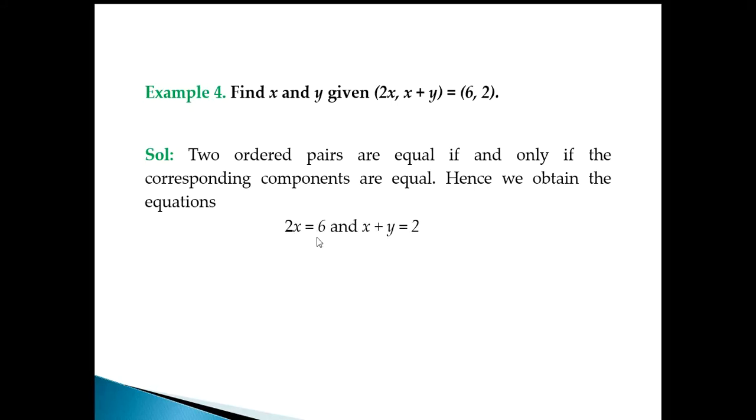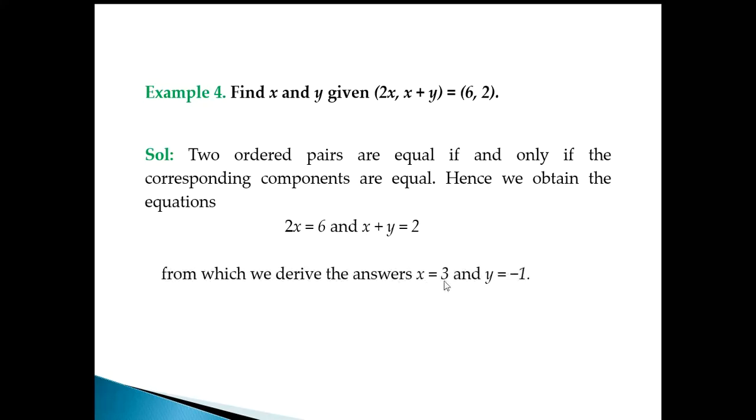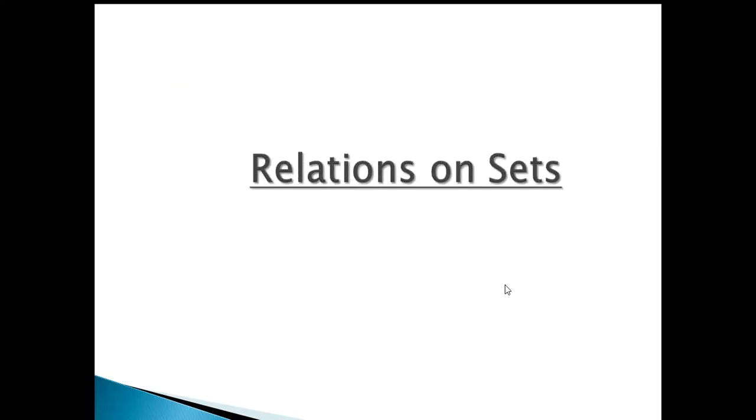Now we can solve these two algebraic equations and find the values of x and y. When we solve this, we get x equal to 3, and putting the value of x in the second equation, y will be minus 1. So x is 3 and y is minus 1. Clear now?